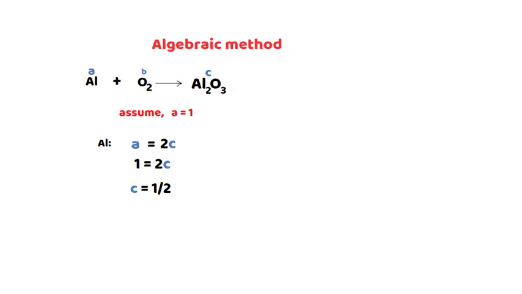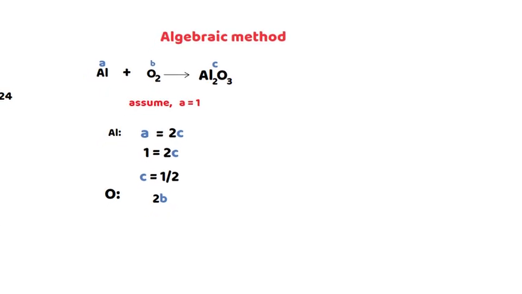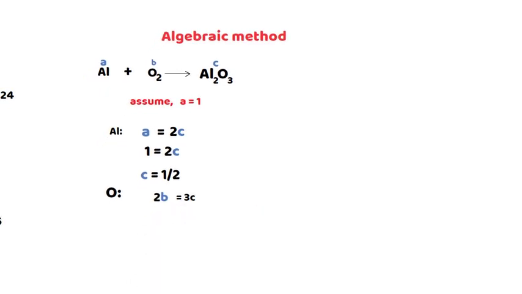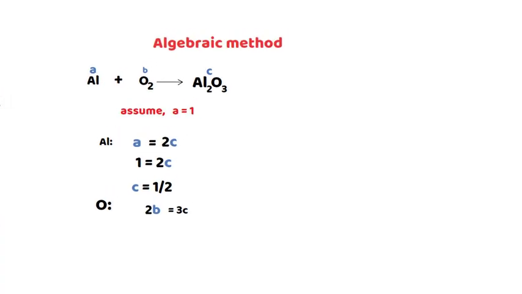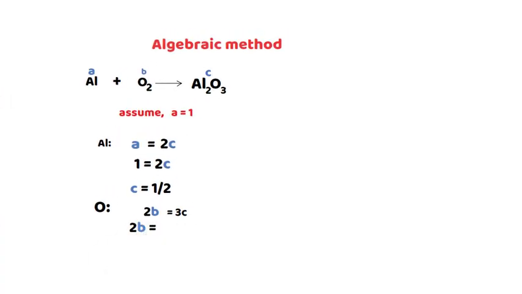Now consider oxygen on the reactant side. Oxygen on the reactant side is assigned by letter B. We have 2 oxygen, therefore we have 2B on the reactant side. Now come to the product side. We have 3 oxygen on the product side, meaning that we have 3C. But we know the value of C, which is equal to 1 over 2.